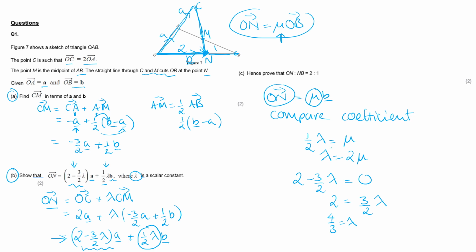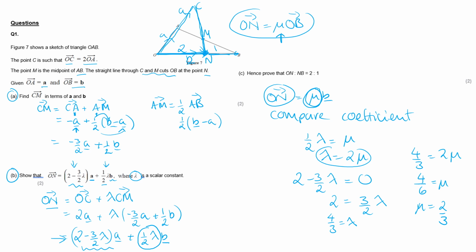So if we put that in here, we're going to get that 4 over 3 is equal to 2 mu. And so 4 over 6 is equal to mu. So mu is equal to 2/3. Now what was mu? Mu was the fraction of b.